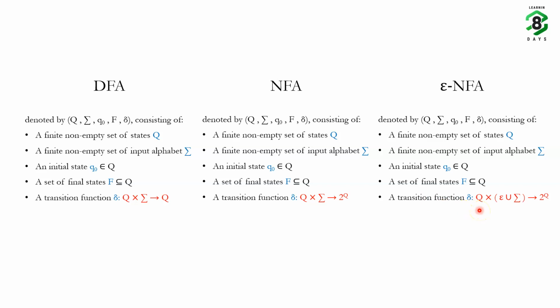In case of epsilon NFA, the transition function is from the Cartesian product of Q and the union of epsilon and sigma to the power set of Q. That means that if a current state is given and either an input symbol or epsilon is given, you can still map it to any combination of the states of the Epsilon NFA.